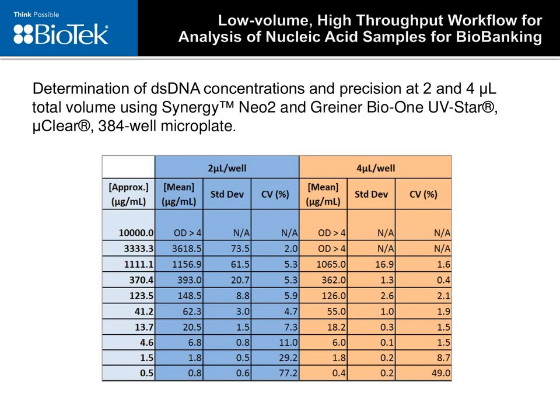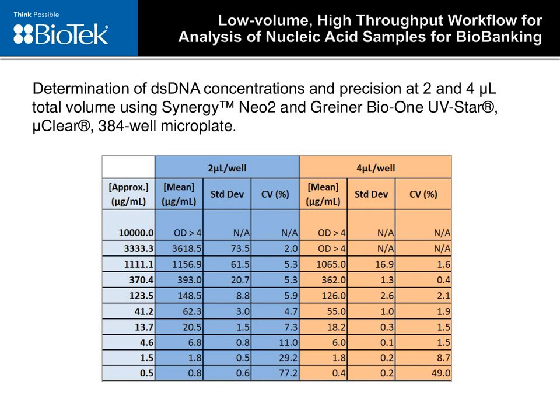The path length using 2 microliter total volume was determined to be 0.6 millimeters. For 4 microliters, it was 1.2 millimeters. And it's evident from the precision data in Table 3 that significant improvements in precision can be obtained by the use of 4 microliters.